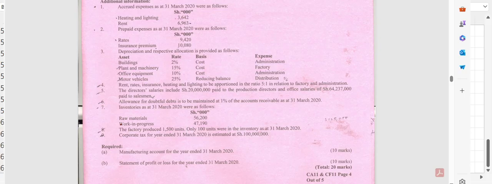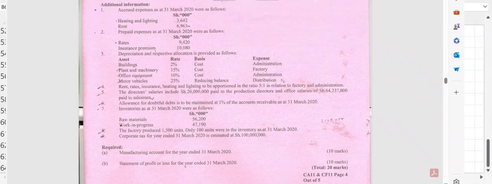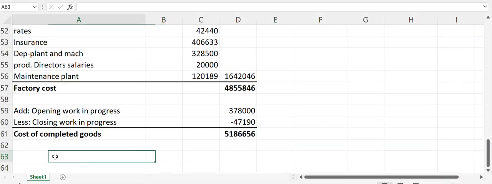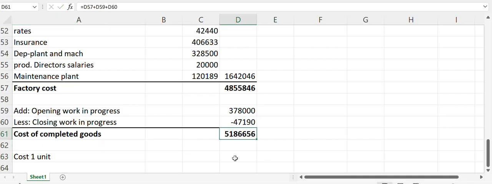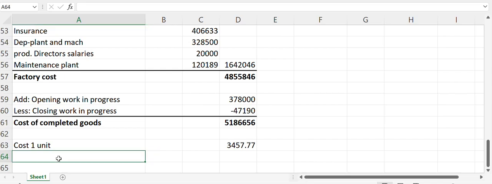So there was additional information number 8, that the factory produced 1,500 units. So it means from this cost, if you want to get the cost of 1 unit, so this is the cost of the 1,500 units. So to get the cost of 1 unit, you simply divide that by 1,500. So this is the cost for 1 unit. What about now the cost of the remaining 100 units?